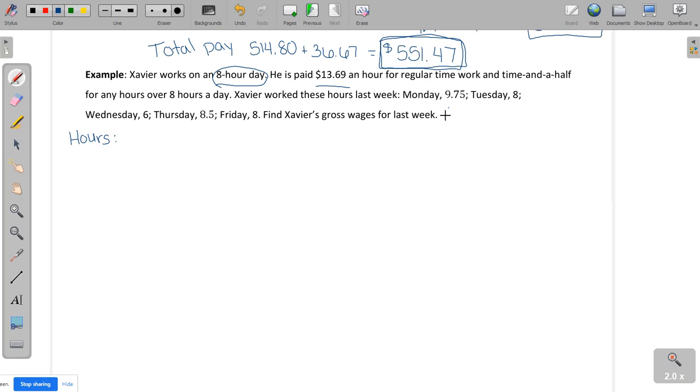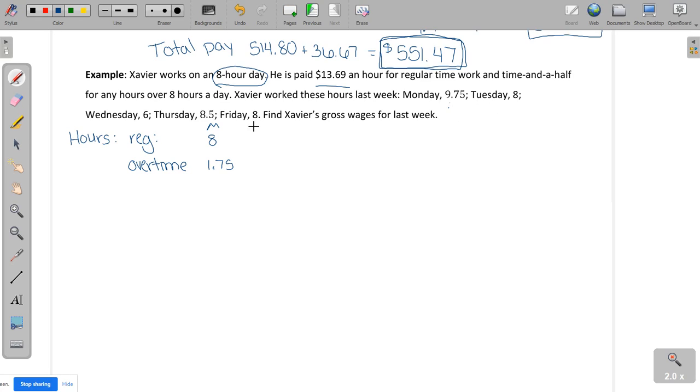So on Monday, he worked 9.75. A regular workday is 8 hours. So we're going to look at the regular versus the overtime. So for Monday, 8 hours for the regular pay, overtime the difference. So that'd be 1.75 for Monday.